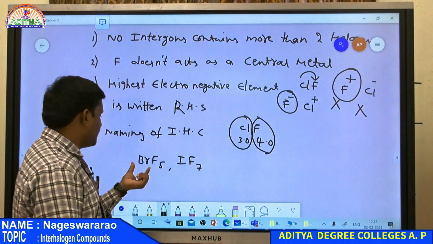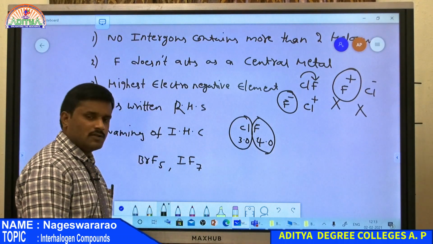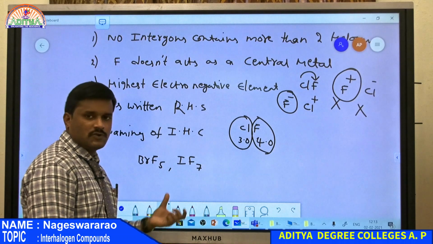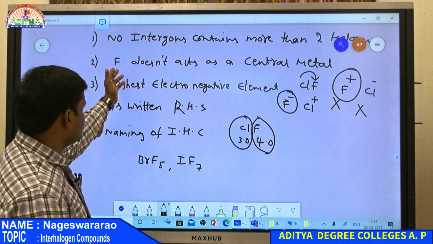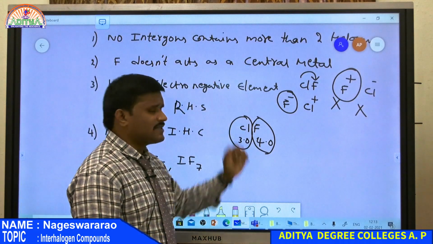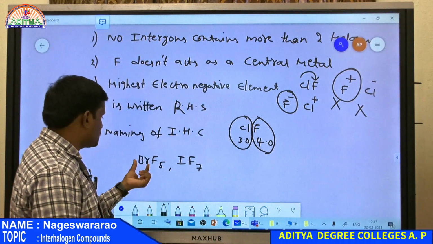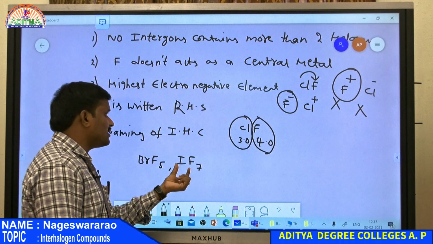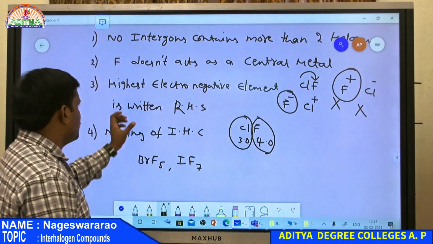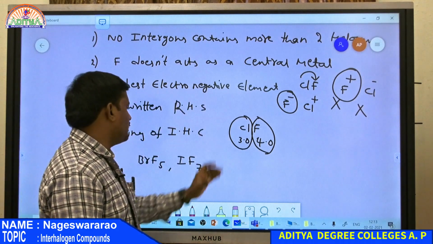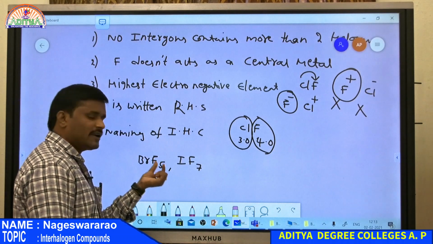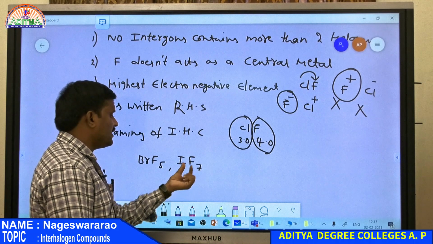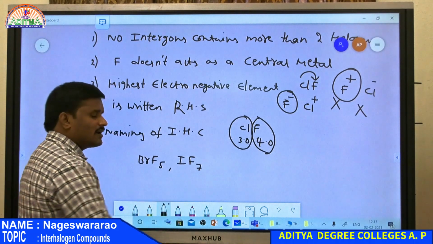Here only bromine and fluorine, here iodine and fluorine, so all contain only 2 halogens. Second, fluorine does not act as a central metal. Here the central metal is bromine, and in this case it is iodine. Third, the highest electronegative element is always written at the right hand side. Fluorine has the highest, so it is written at the right hand side, similarly in IF7.